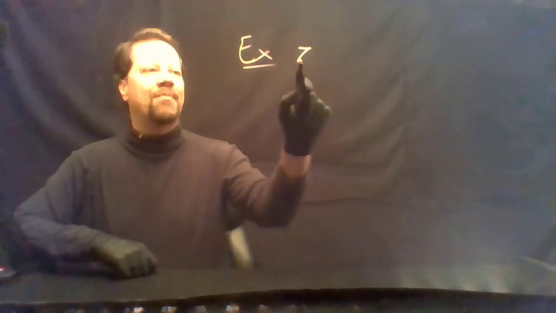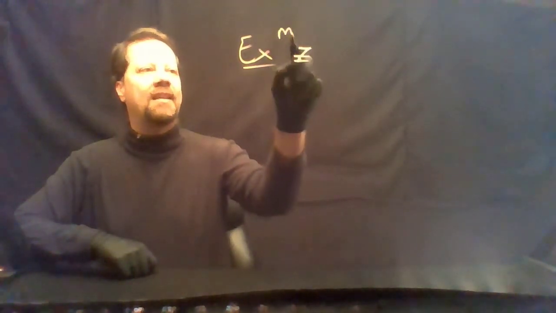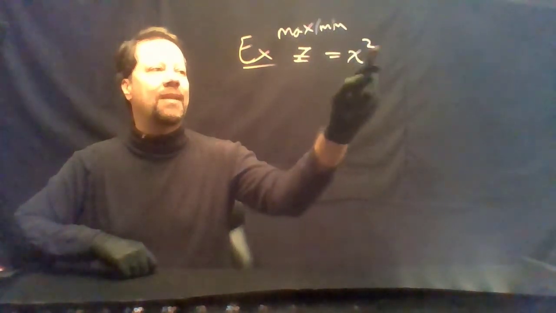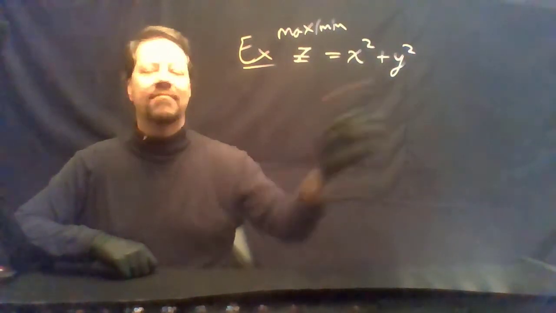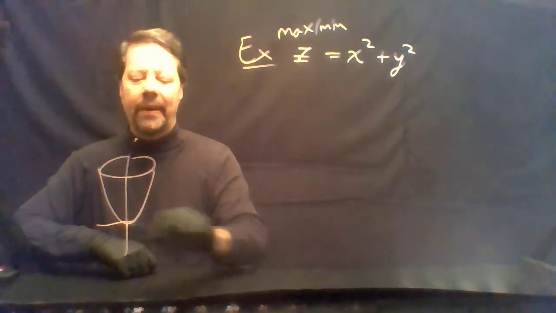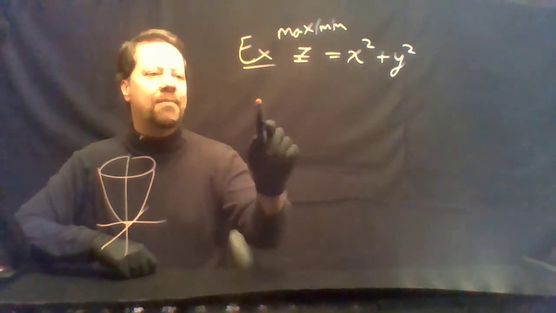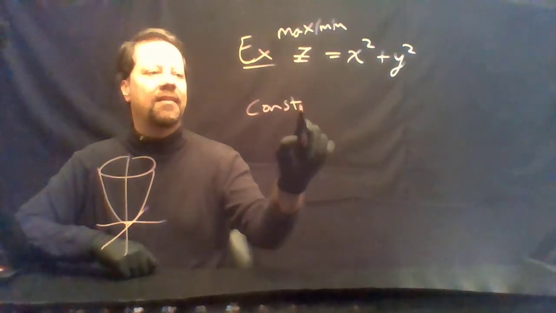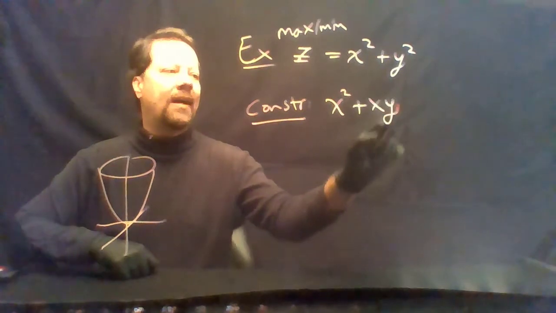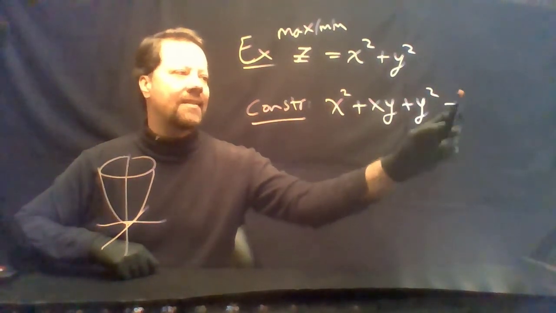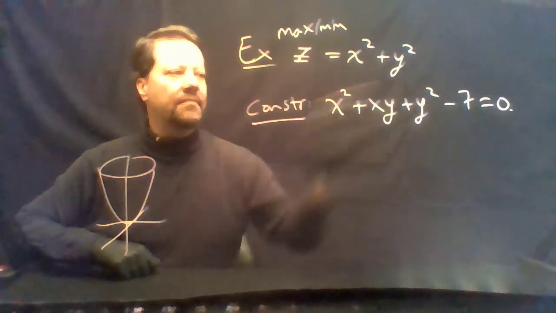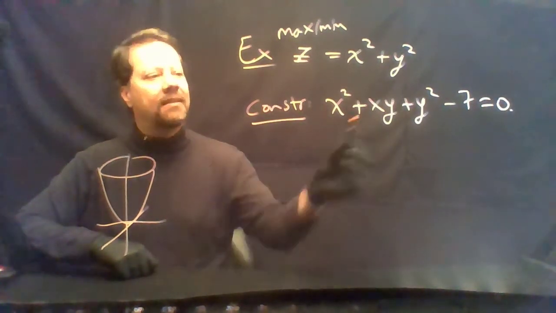As an example, suppose we want to find the max and the min of z equals x squared plus y squared. This, by the way, is an elliptic paraboloid, subject to the constraint, let's say x squared plus xy plus y squared minus, I don't know, 7 equals 0.